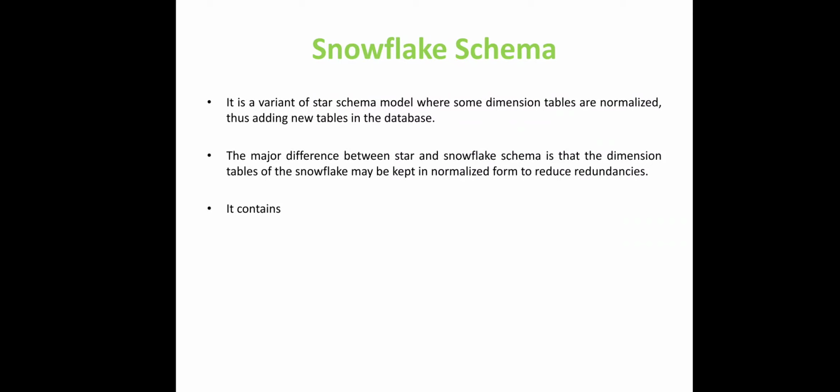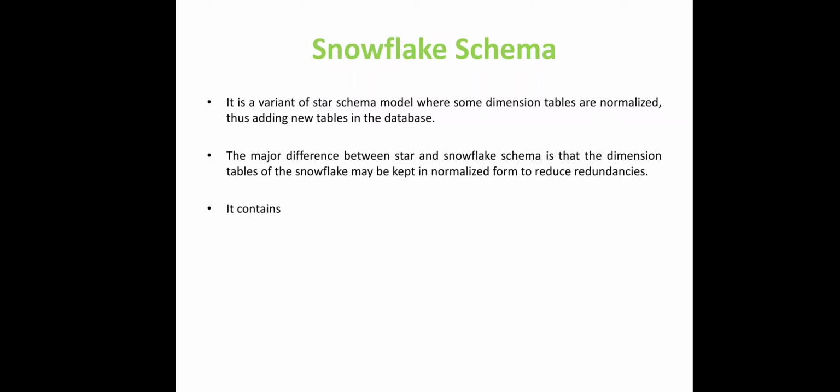The snowflake schema is another variant of the star schema model. We are going to follow something from the star schema, that is why I am calling it a snowflake schema. It is a variant of the star schema model, where some dimension tables are normalized, thereby further splitting them into additional tables.